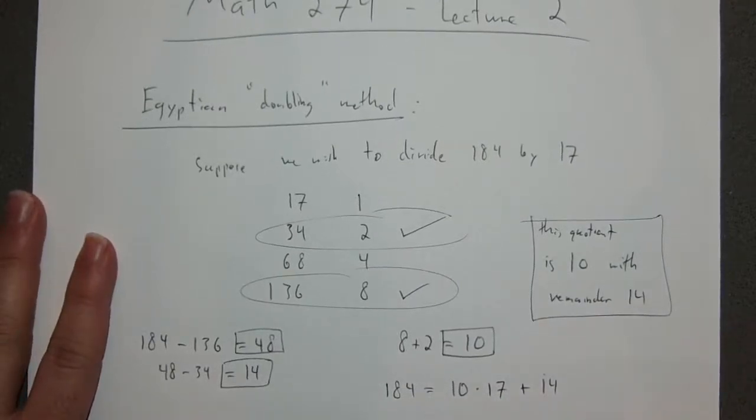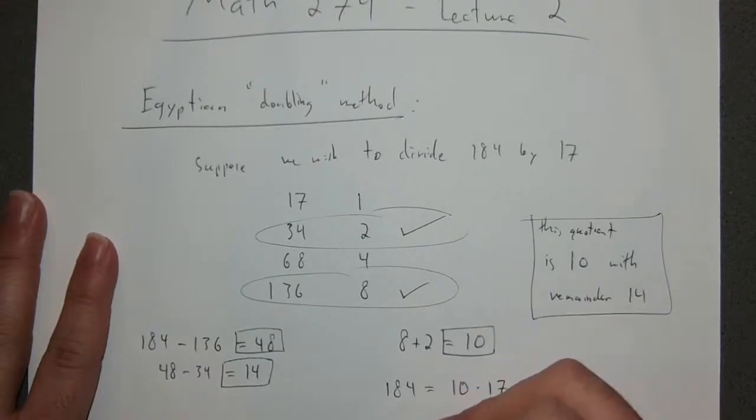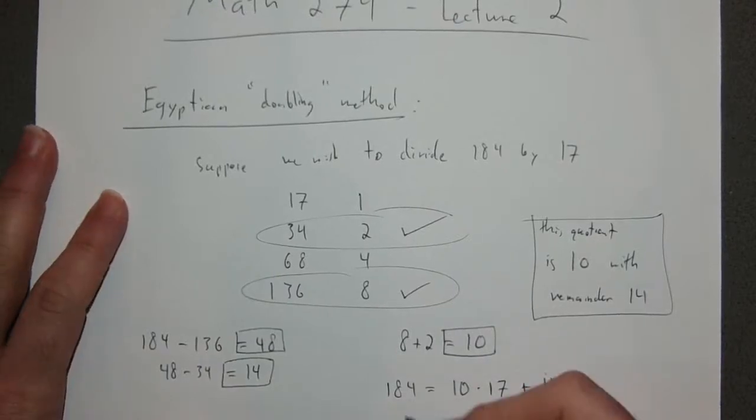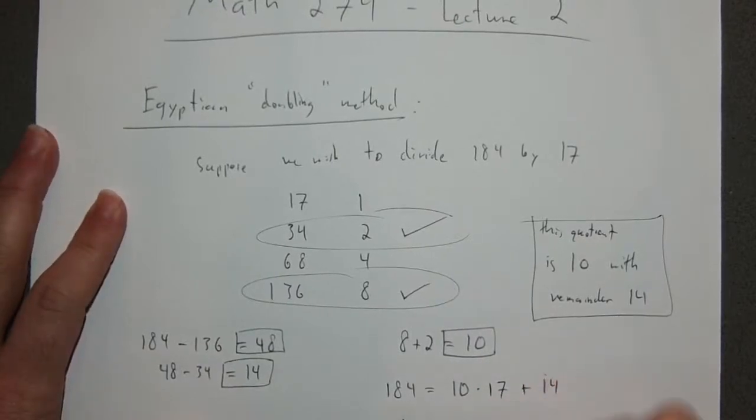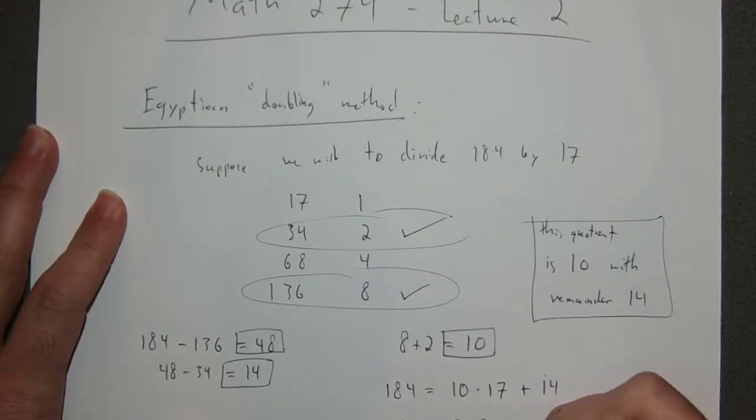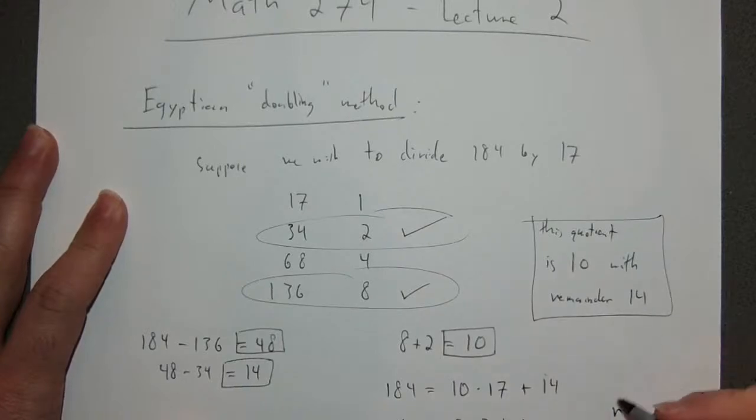If you've seen this written, say n is equal to q times p plus r, where r is strictly less than q, but it is bigger than or equal to 0.